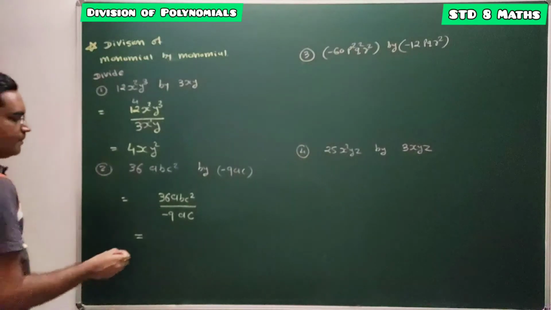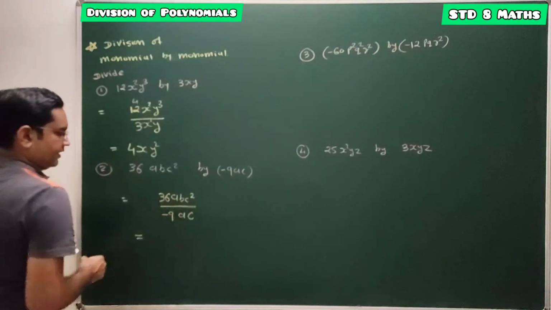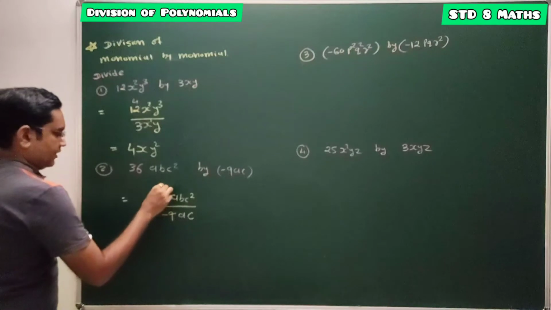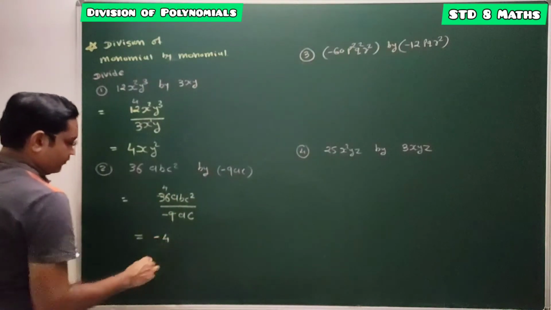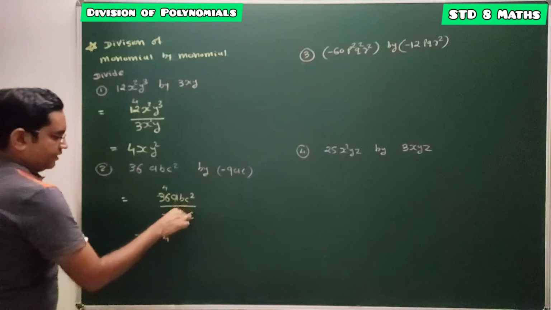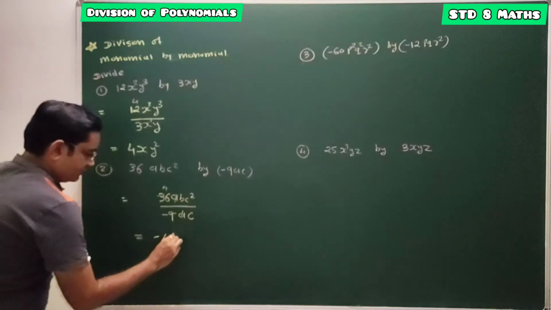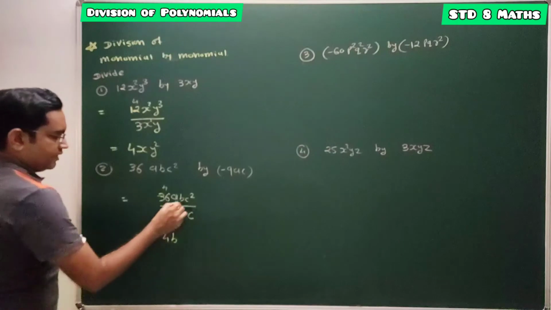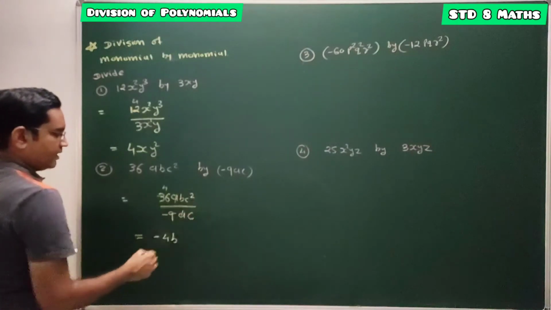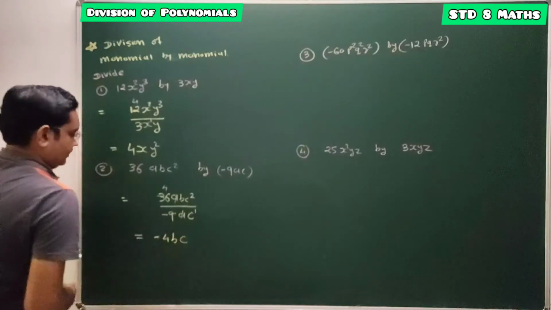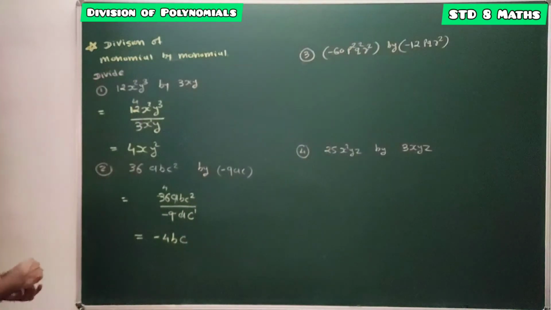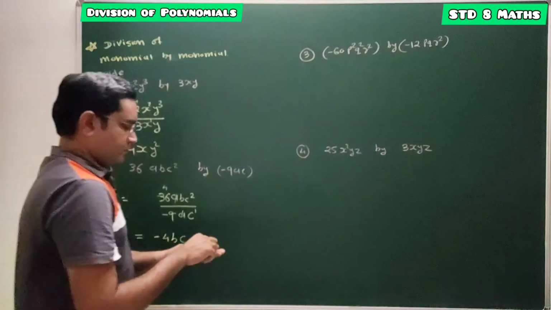Here constant part 36 and 9. So 9 4s are 36, plus minus minus, so it's minus 4. A will be cut. B, no change in the b, and c square by c, so c raised to 2 minus 1, so it's c. Clear? So this is how you can perform the division of these monomials.